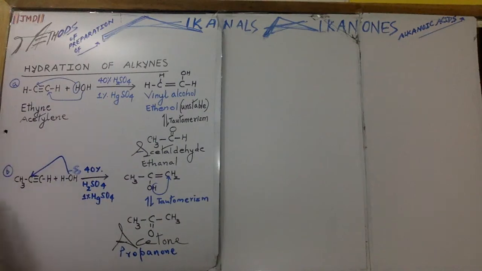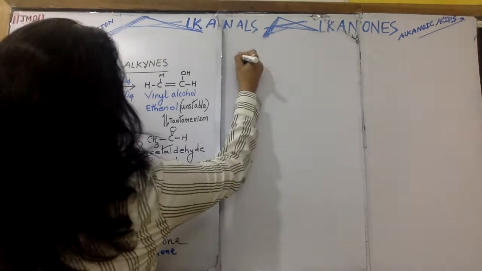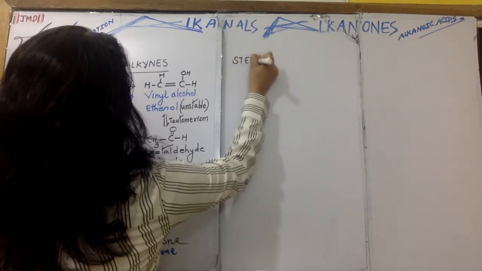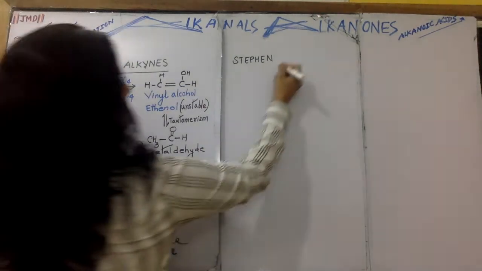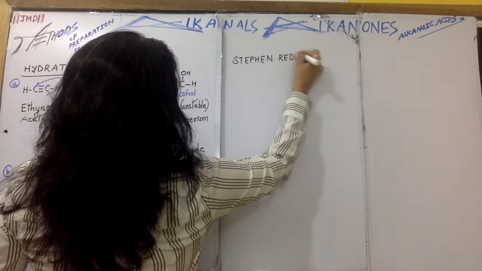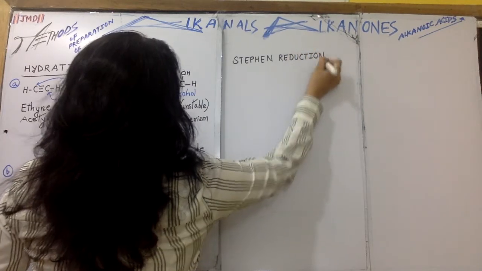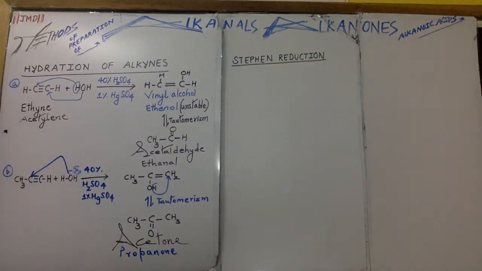Okay, now we move ahead and complete the methods of preparation for the aliphatic aldehydes. Aromatic we will see in the next video. The next reaction I am teaching is the Stephen reduction, which we carry out using an alkyl cyanide and stannous chloride and HCl.